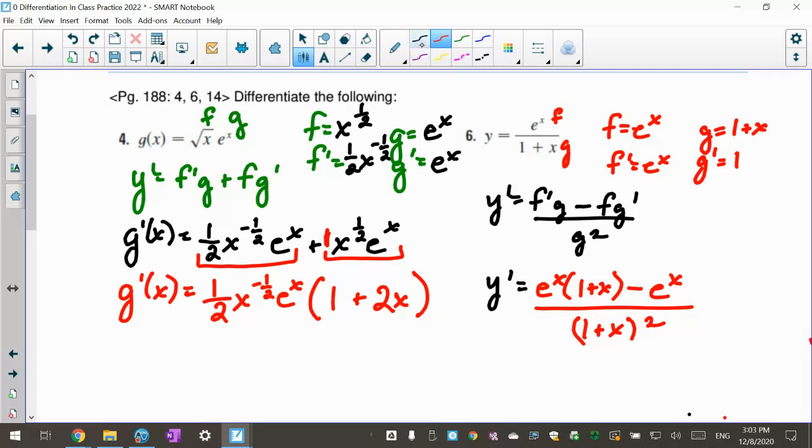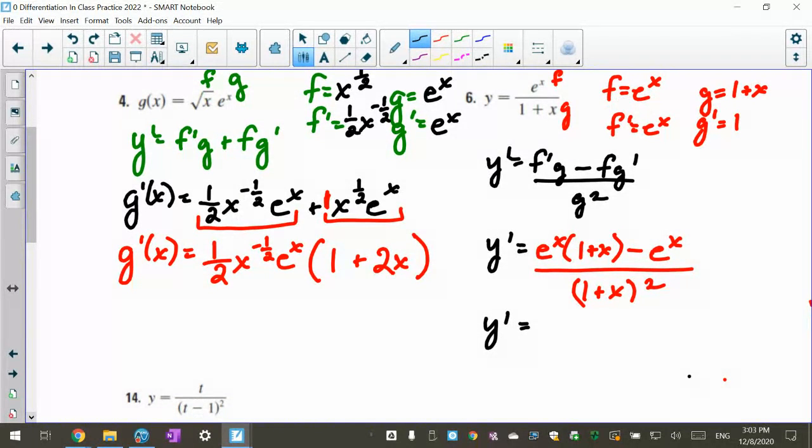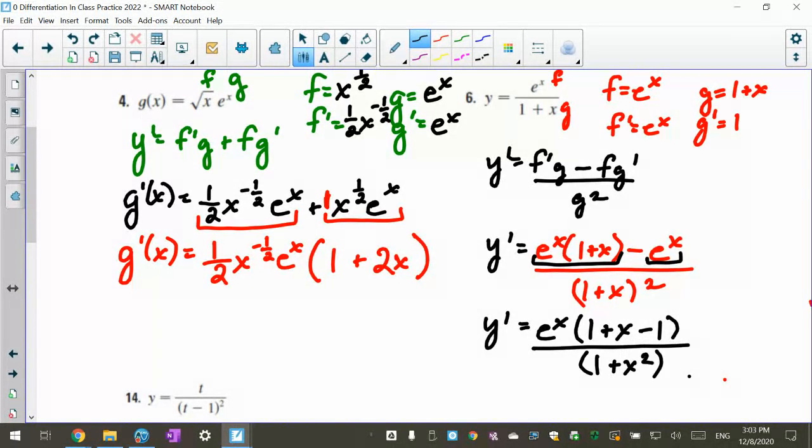Now I'm going to try to simplify this down. So I got y prime equals. Now when I do that, I have a term here and a term here. I always use those brackets. Factor out the e to the x. When I do out of the first term, I have a 1 plus x left. And then if I take e to the x out there, that's a minus 1, all over g squared. Okay.